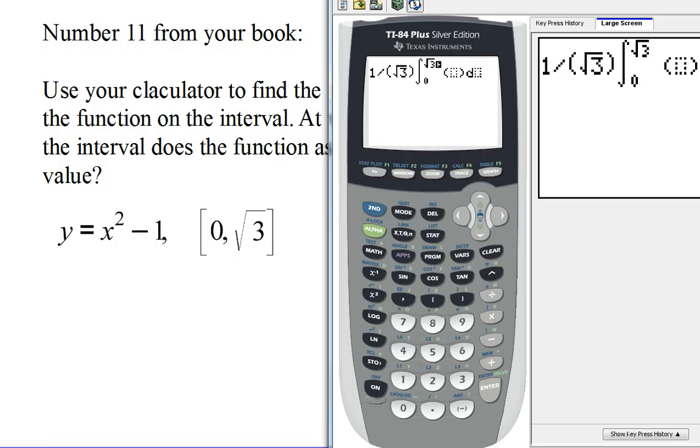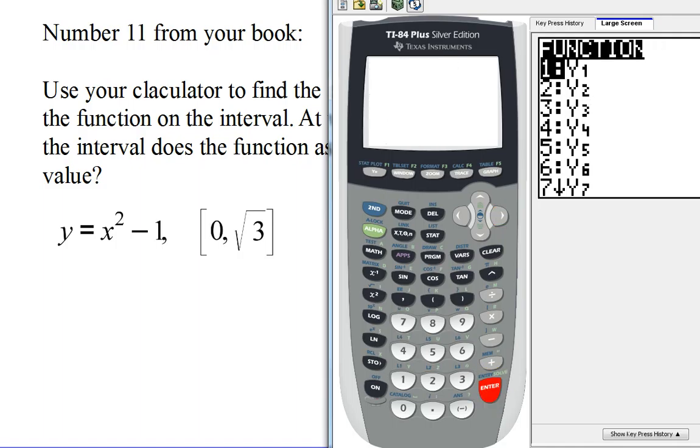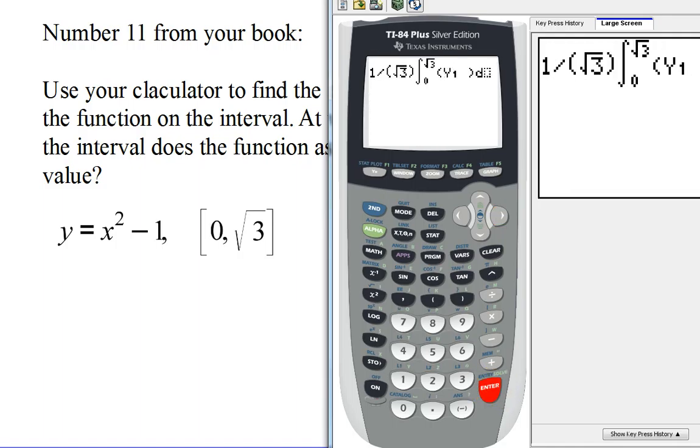My function is going to be y1, so under vars, function, y1, with respect to x. And I hit enter.